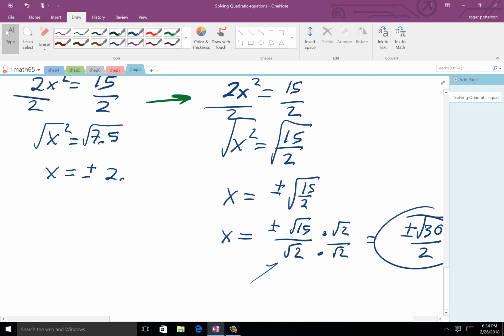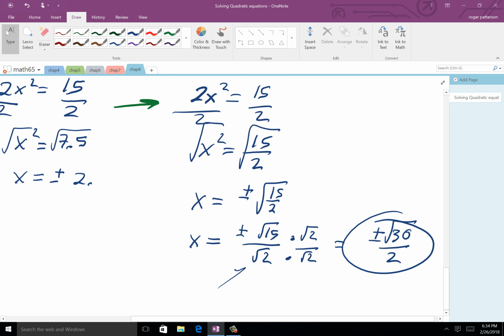All right, so I think a lot of times when you're doing this, it kind of depends on the situation, obviously. I think they're going to ask you for exact answers, all right, rather than decimal answers unless they specify. So you're going to have to take this route here in these certain problems. Okay.